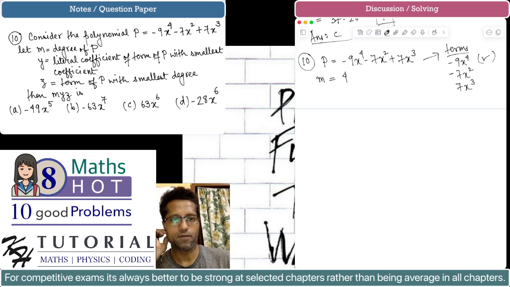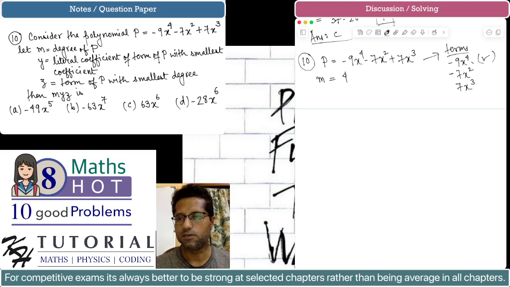So y is equal to the literal coefficient of the term of p with the smallest coefficient. The term with the smallest coefficient is minus 9 x to the power 4, and the literal coefficient of this term, in short LC, is x to the power 4.